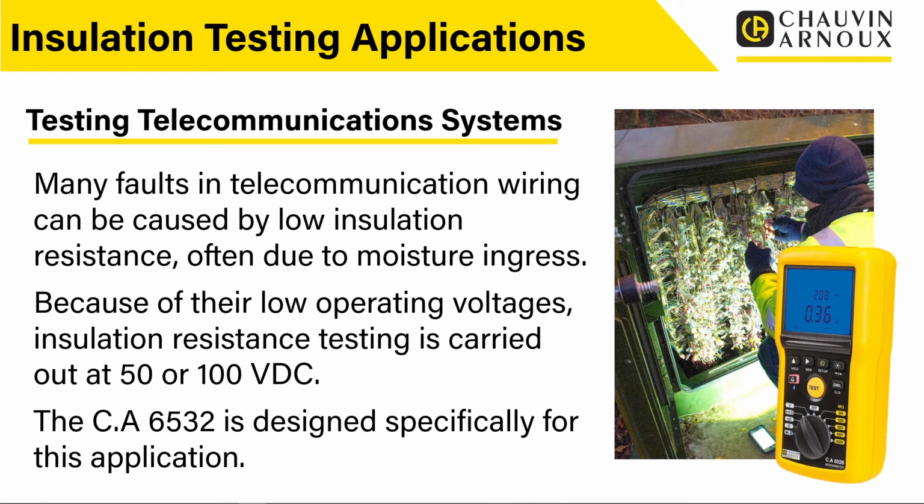So I think it'll actually work out approximate cable length and things like that as well. So that is a product designed specifically for this telecommunications testing application. But if ever you see insulation resistance testers that have got a 50 or 100 volts range on there, generally it's for this reason. It's to fit in with the testing of telecommunication systems.